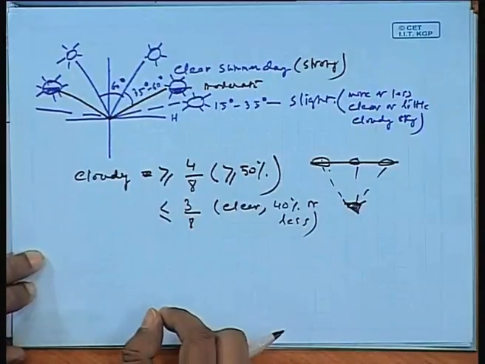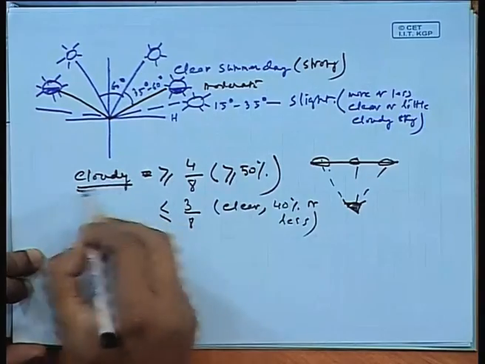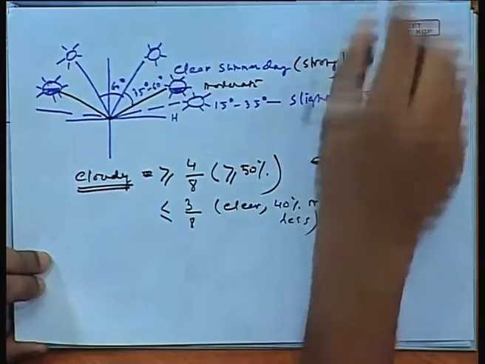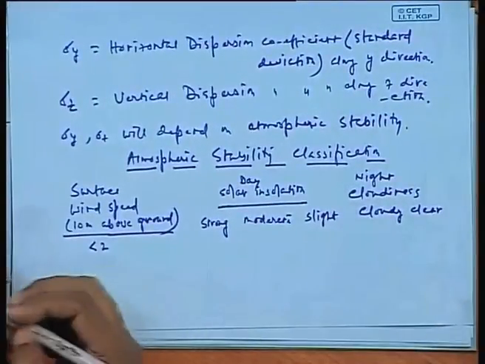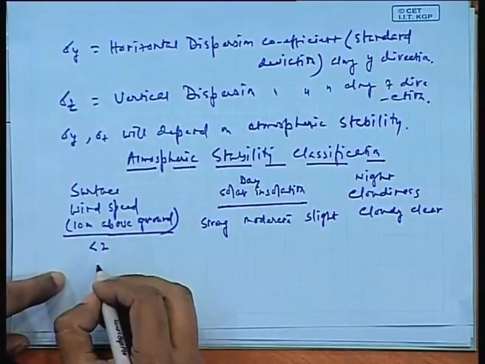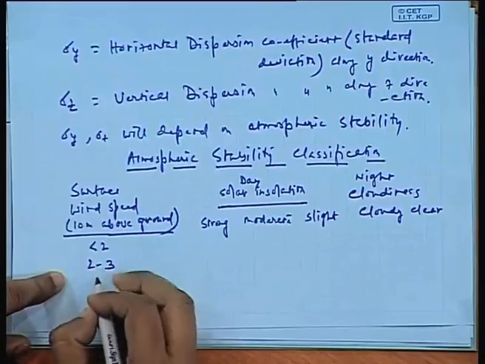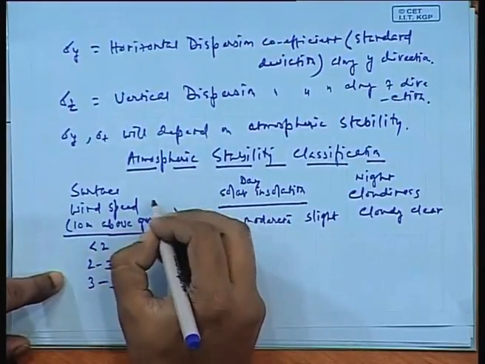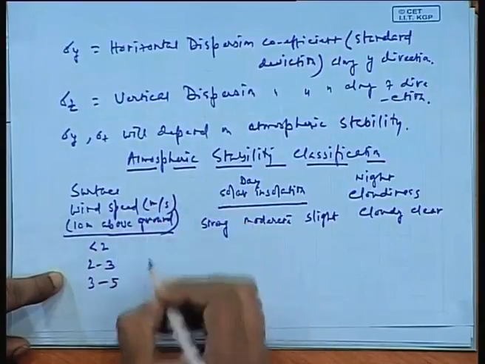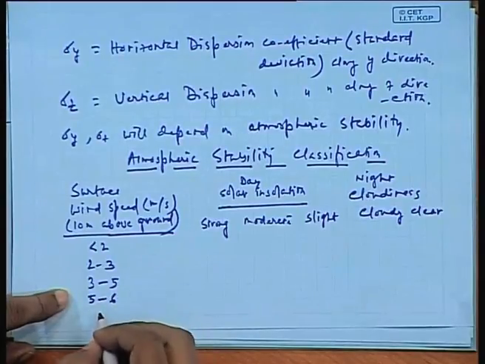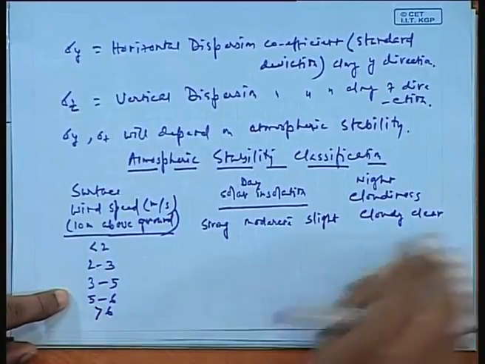Okay. So this is how we are defining. Under such a situation, at a particular wind speed, at these wind speeds that we are talking about, 2 to 3, say 3 to 5, this is in meter per second, remember, 3 to 5, 5 to 6, and say more than 6.